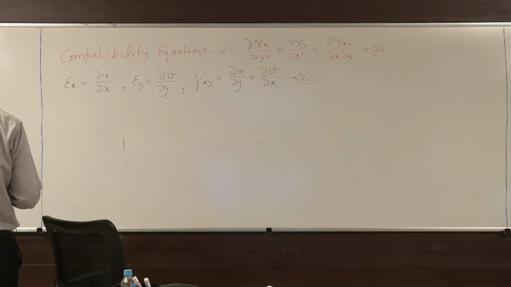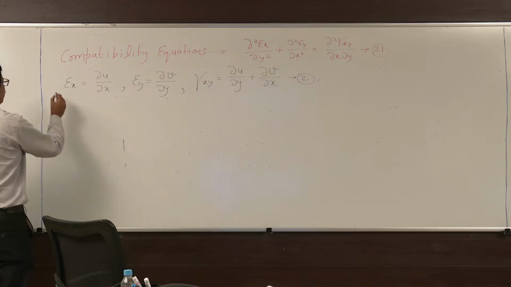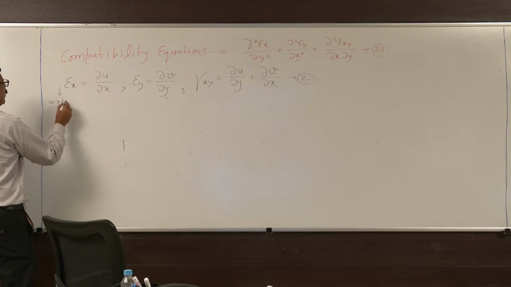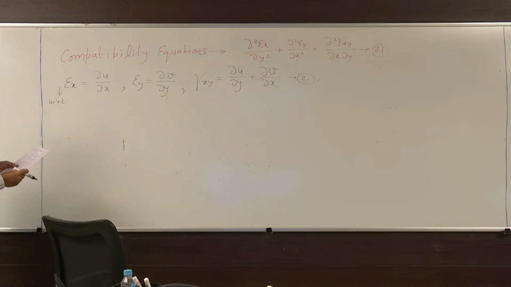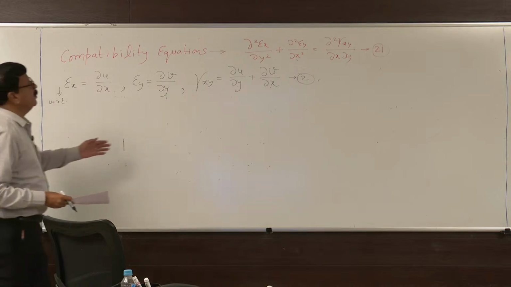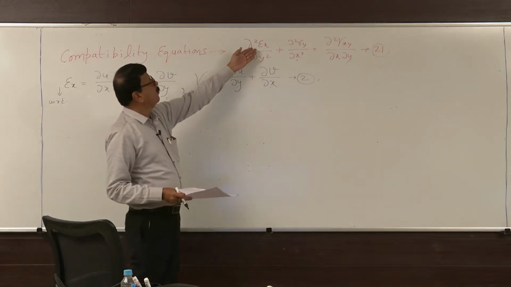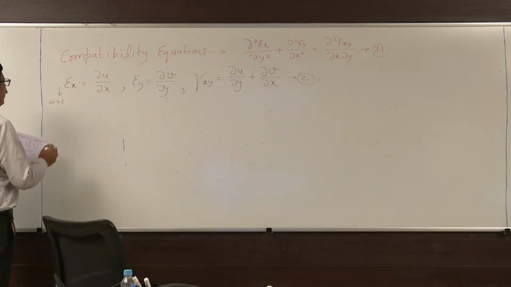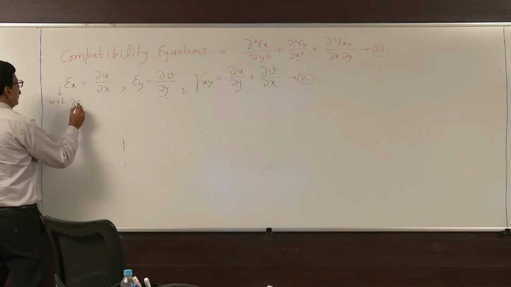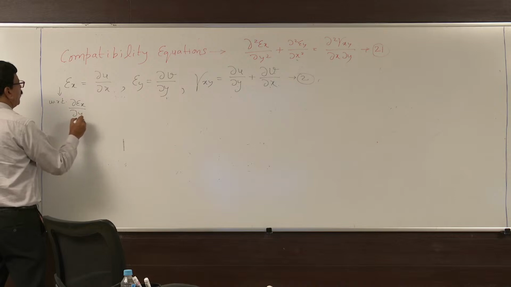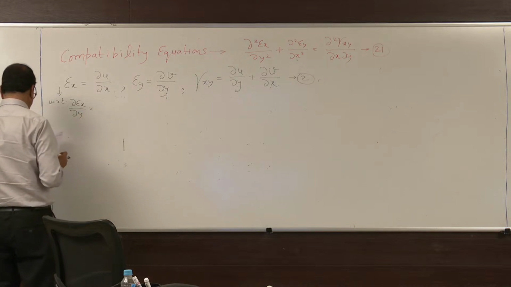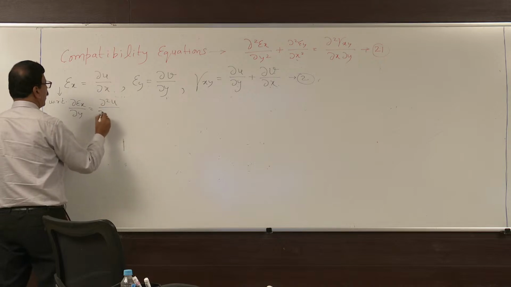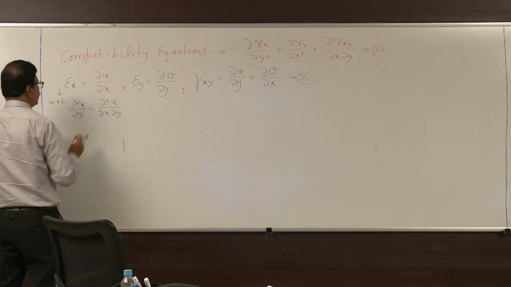Now differentiate this with respect to y, because for the Ex we need the y. Del Ex upon del y is equal to del square u upon del x del y.